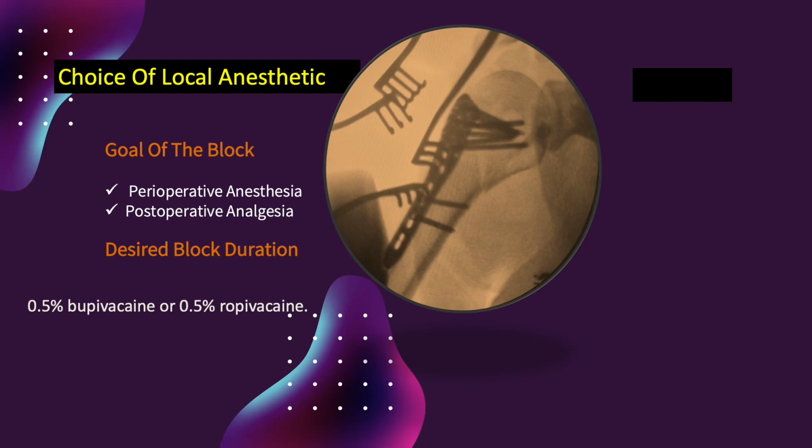So, what about the choice of the local anesthetic agent? The local anesthetic is determined by the goal of the block, whether the block is being given for perioperative anesthesia or analgesia, and also by the desired block duration.